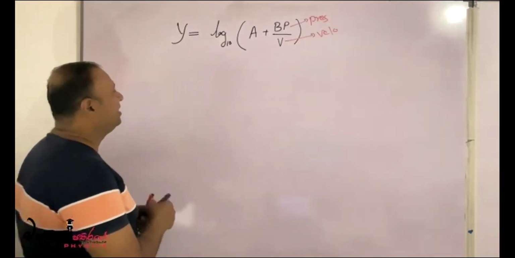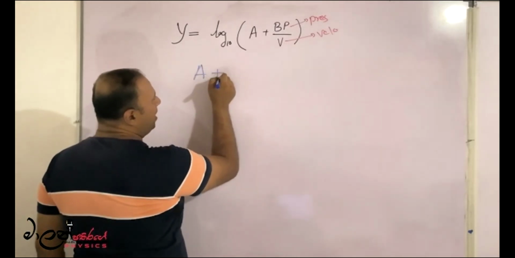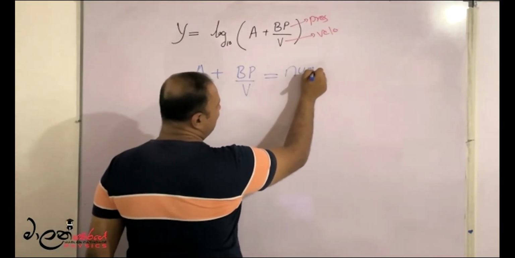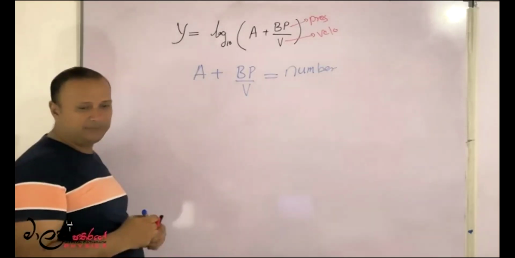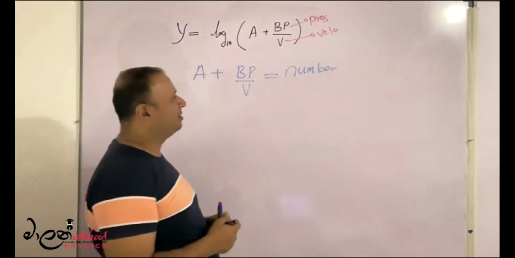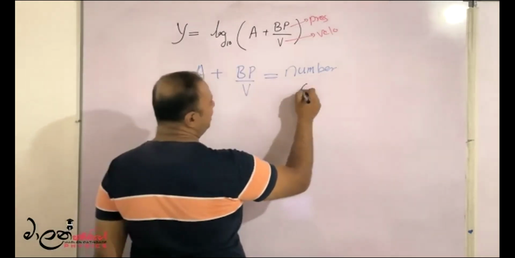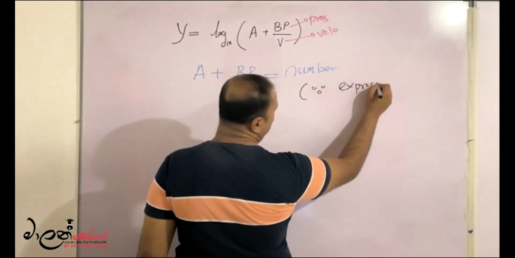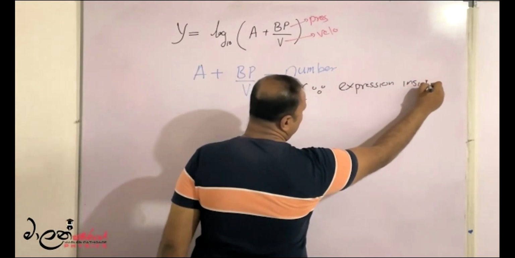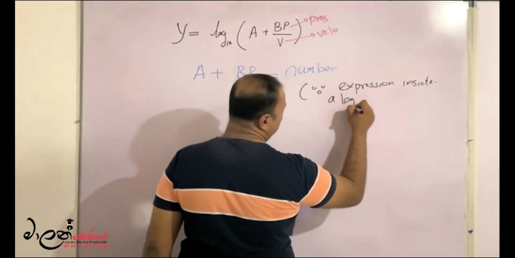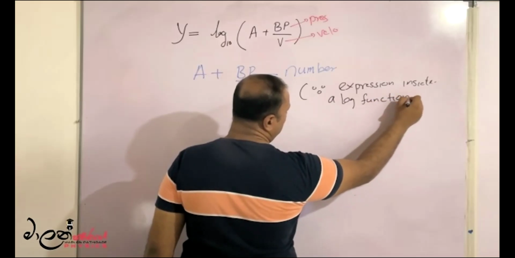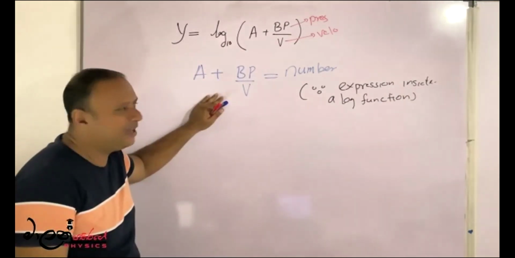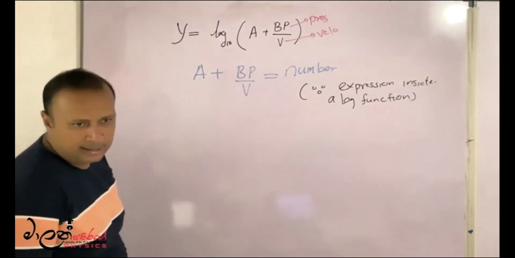Therefore, you can write A plus BP over V is a number, because the expression inside a log function is a number.